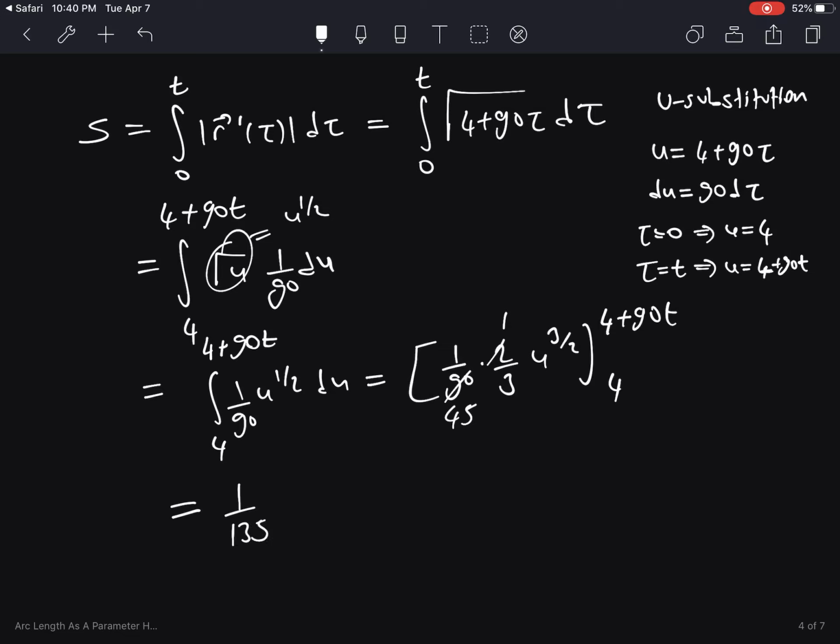Then if you put the lower and upper boundaries, you will get 1 over 135 times 4 plus 90t to the power 3 over 2, and then minus 8 over 135. Okay, so this is our arc length s as a function of t.